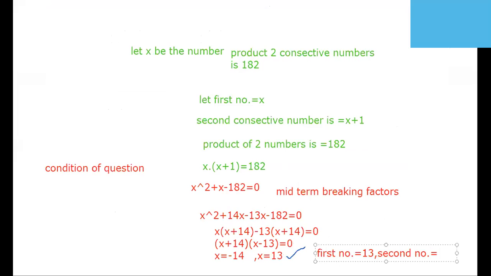So according to this, x plus 1, with 13 in place of x and plus 1, the next number will become 14. So actually the two numbers will be 13 and 14. These are the required numbers whose product is the required value. Just let me finish and I will show it to you.